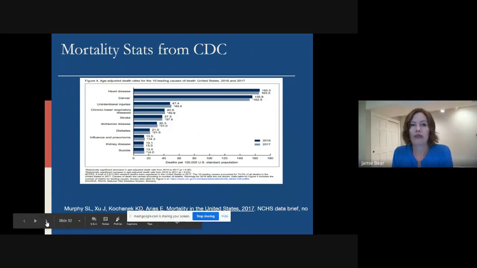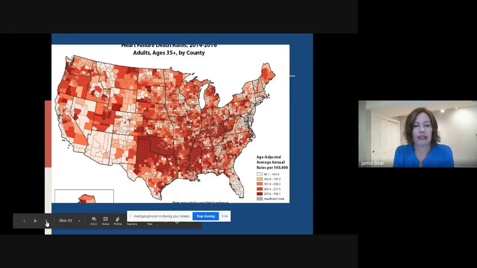So we will deal with congestive heart failure quite a bit as respiratory therapists. If you look here, this has heart failure death rates. This was the most updated I could find. And here in Colorado, we do pretty well. So the darker the number, the more rates of heart disease.